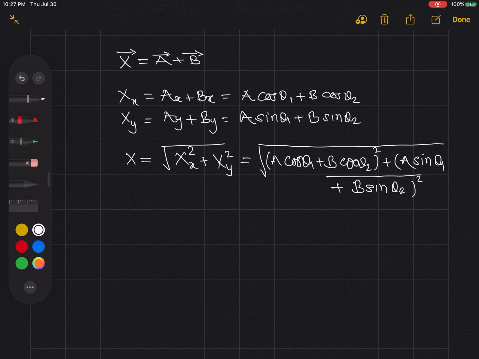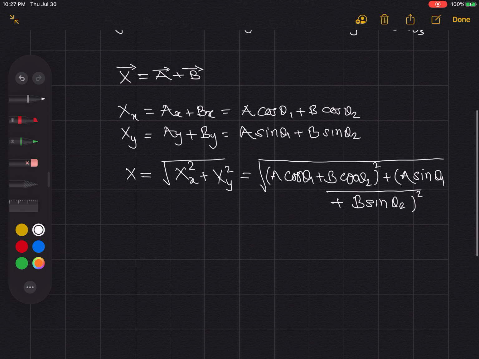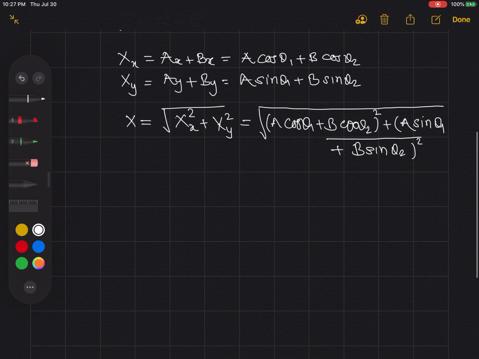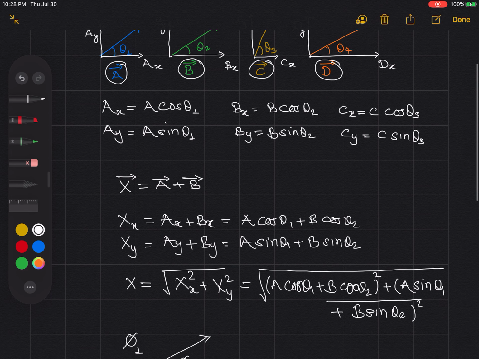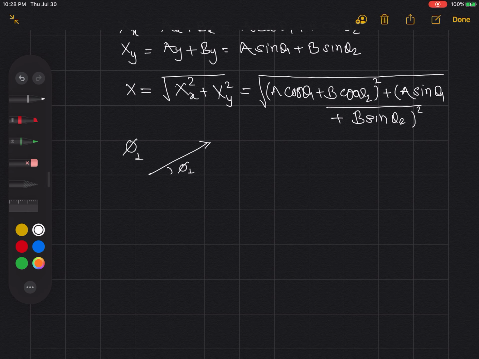Now, once I found the components, I can find the angle. Suppose phi 1 is the angle made by this vector x with the x-axis. So this is the vector and this is phi 1. This is the vector obtained from two vectors, vector a and vector b. Last time we calculated this angle.